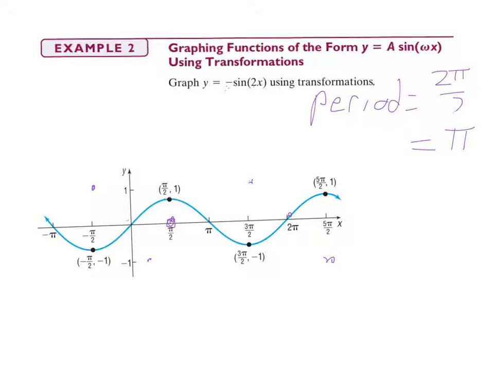This period over here at +1, since it's at 3 pi over 2, you cut it in half, so 3 pi over 2 times 1/2 means it's located now at 3 pi over 4. And then this point here would be at pi.